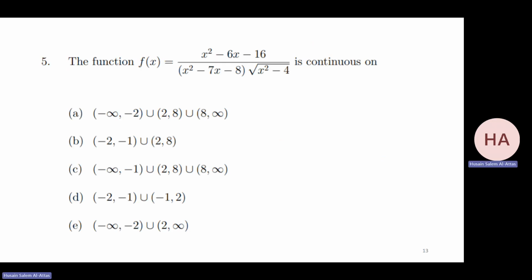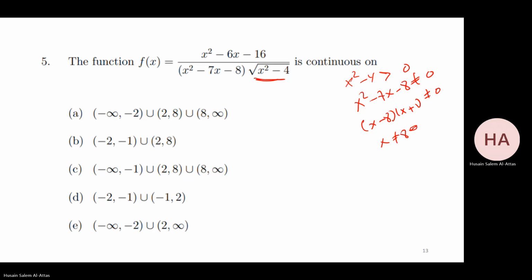The same thing, we'll do the restrictions. So I have x squared minus 4 greater than 0, since it's in the denominator. And also I need this to be not equal to 0. This one is easy: x minus 8, x plus 1, not equal to 0. So x not equal to 8, or x not equal to -1.